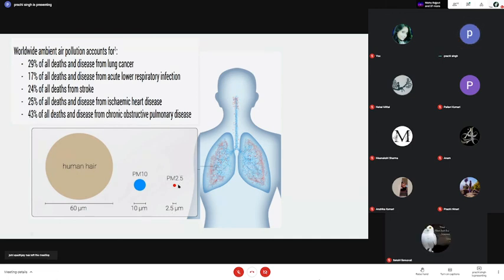And for PM10, the possibility is that it cannot go that deep, and it probably can be filtered out by the hairs in the nose, the nasal chambers and the filters that are there. But to stop PM2.5 takes a lot of courage, because it can easily go into the system. Okay, so that is why PM2.5 is important, and the measurement is done in those terms only.